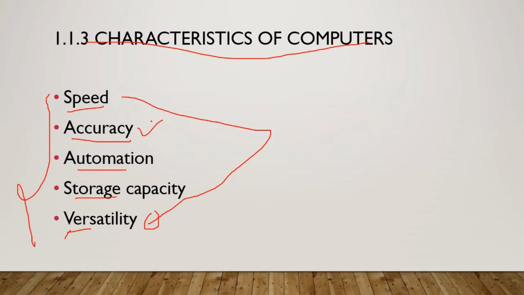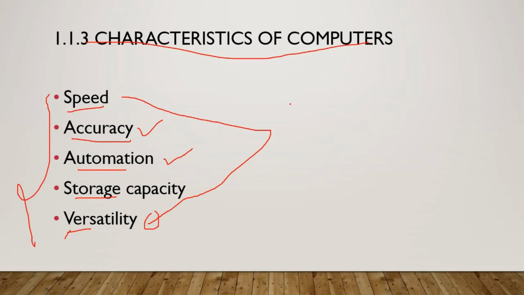Accuracy, obviously: for a defined input, there is an exact output, despite the errors a human being can make, which are not attributable to the computer's performance. Automation: repetitive tasks can be automated and made convenient for human use through the application of computers.